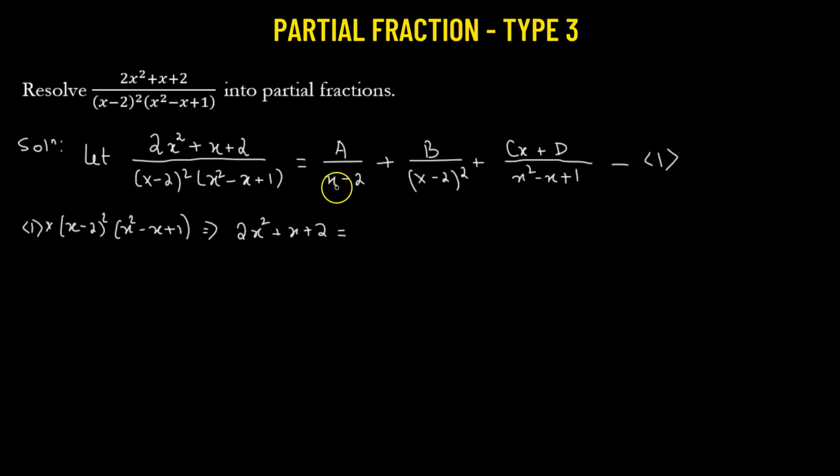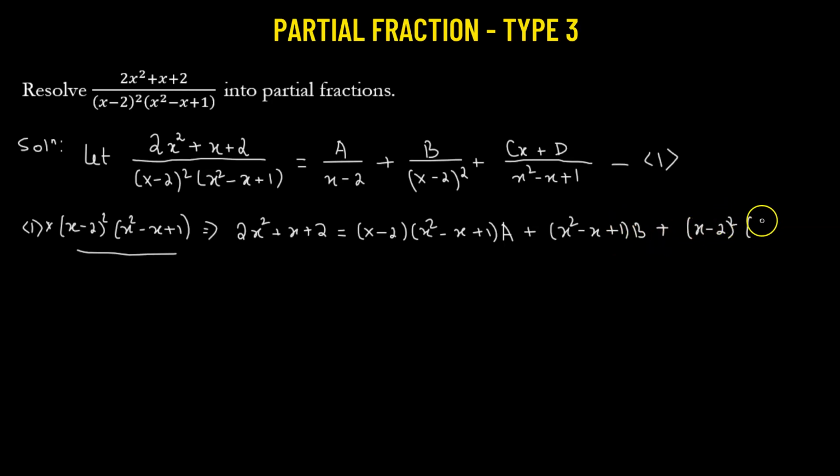On the right hand side, we multiply each term by this factor. The first term is x minus 2 multiplied by x squared minus x plus 1 multiplied by A. Then for the second, x minus 2 whole squared gets factored out, so we are left with x squared minus x plus 1, multiplied by B. And then we have x minus 2 whole squared multiplied by Cx plus D.